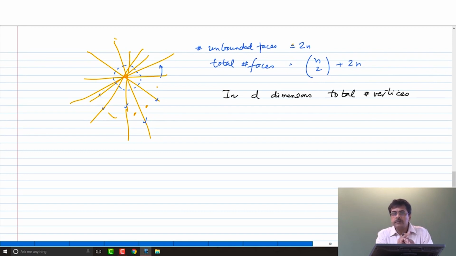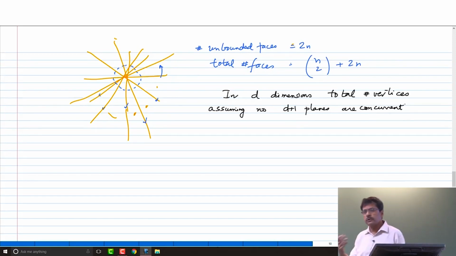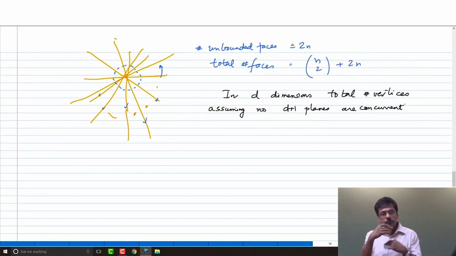In 3 dimensions, 3 planes will intersect in a point, right. And let us again assume the simplicity of the arrangement, that is, no 4 planes intersect in a point. So, I am saying in d dimensions the total number of vertices, assuming no d plus 1 planes are concurrent. It just keeps our calculations easier, and it is also the worst case. Actually, if they are concurrent planes, there are fewer vertices. You can argue that.